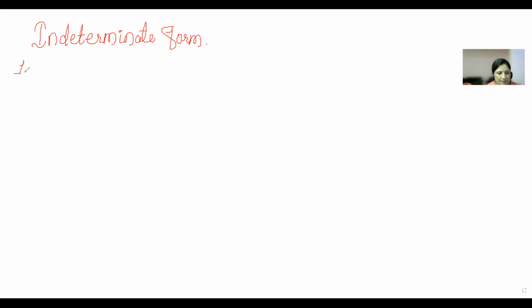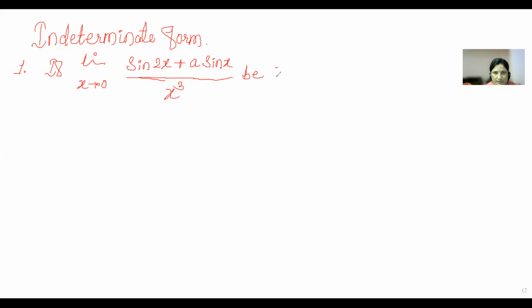So look at that first example. Finding constants if limit as x tends to 0 of (sin 2x plus a sin x) divided by x cube be finite.